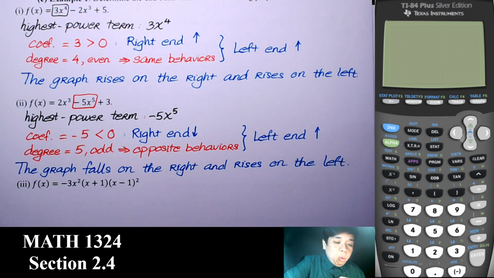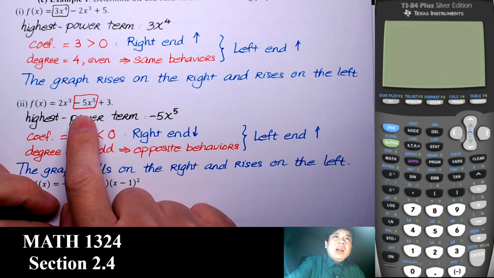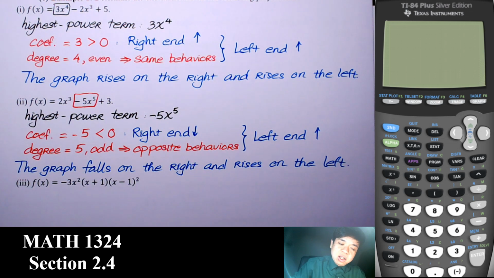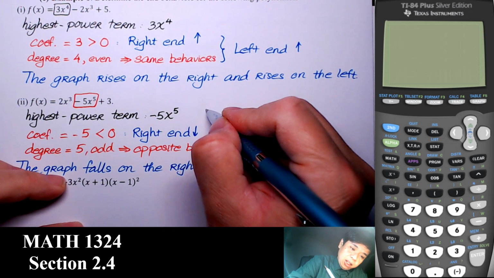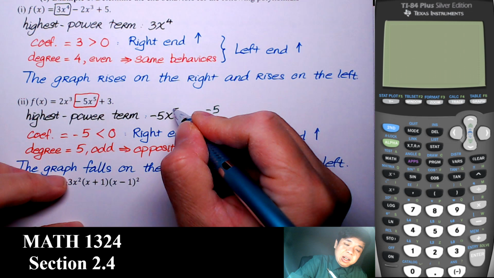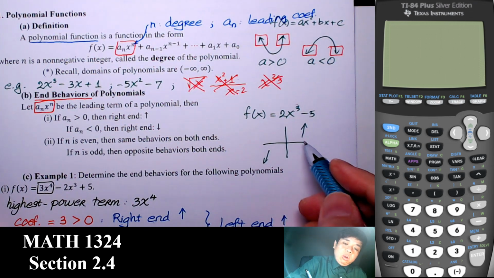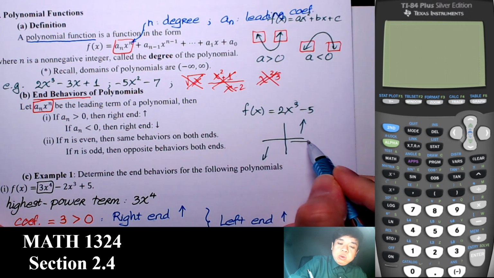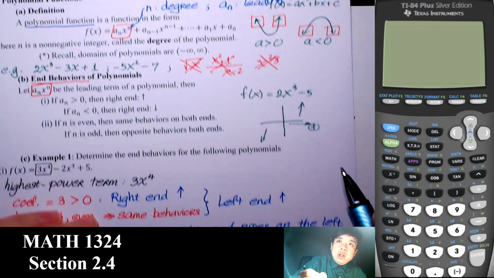Right. One important thing about this, of course, we can memorize this, but actually to make things even easier, after we find the highest power term, think about this. If we have negative 5 and it is on the right end, x will go to infinity regardless. If x goes to the right, it won't be negative. So think about this.